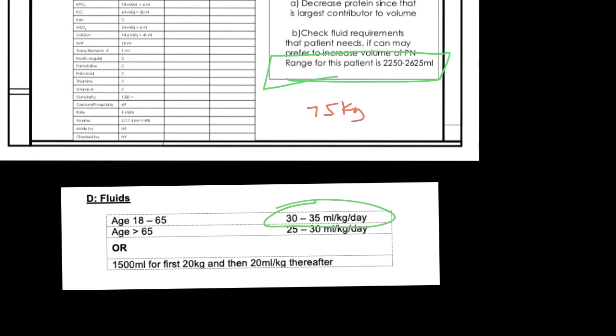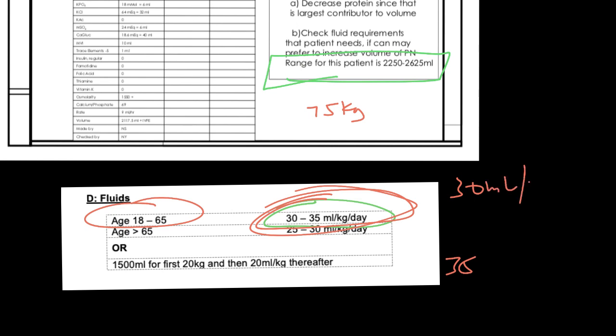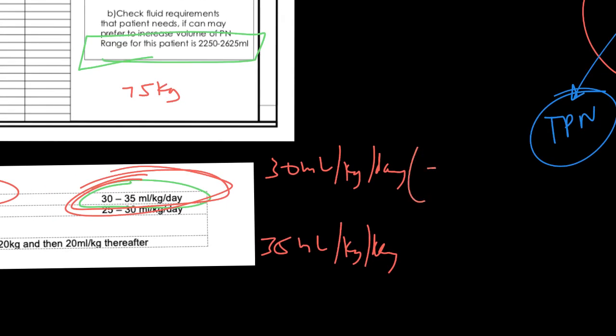So your fluid range, how much TPN fluid you should give a patient per day, is dependent on this chart right here. Since he's between the ages of 18 and 65, give him 30 to 35 mils per kg per day. He's 75 kilograms.